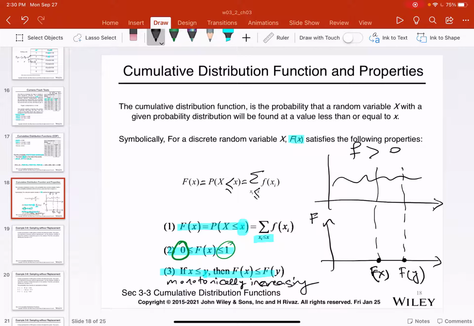And by the way, those things that you're summing are positive, so F should go up. It has no other way, or it stays constant. When does it stay constant? Exactly, when the probability is 0, it stays constant. And when the probability is non-zero, it goes up.